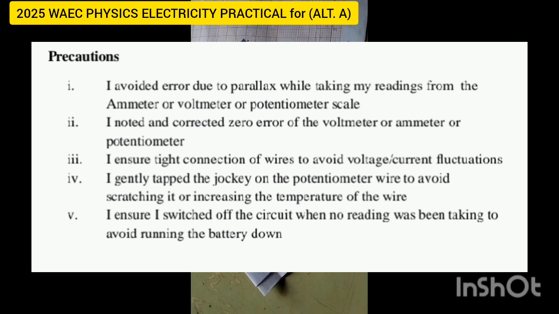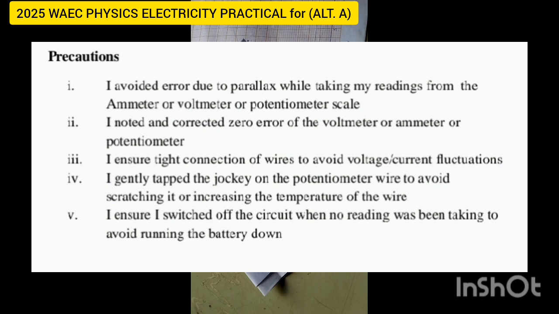The next one, I ensured tight connection of wires to avoid voltage and current fluctuations. Next one, you can also say that I gently tapped the jockey on the potentiometer wire to avoid scratching it and increasing the temperature of the potentiometer wire.